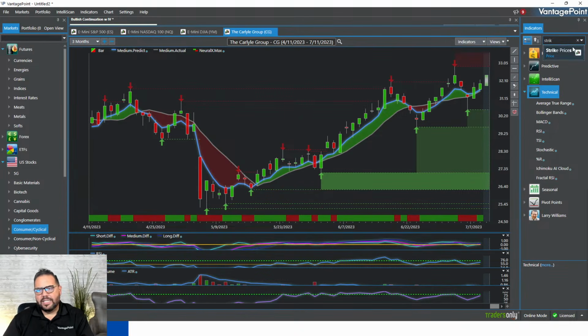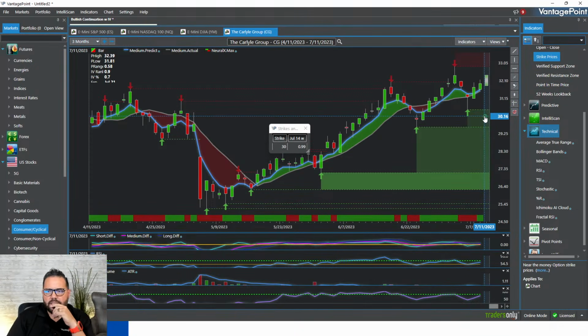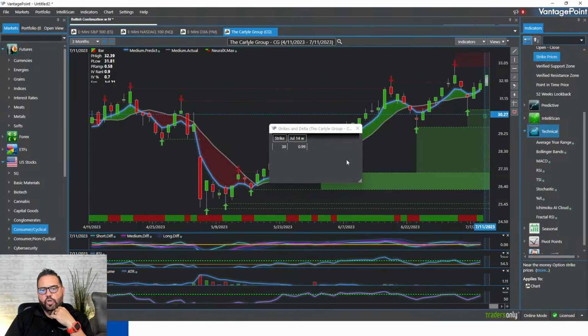At 6:30 last night, you can even layer on the strike price indicator right into the software program to find some strike prices that could meet your needs. And this says there's a strike price down here at 30, from a Carlyle Group standpoint. So you could go into your platform and look at that strike price, and it has a very high delta.